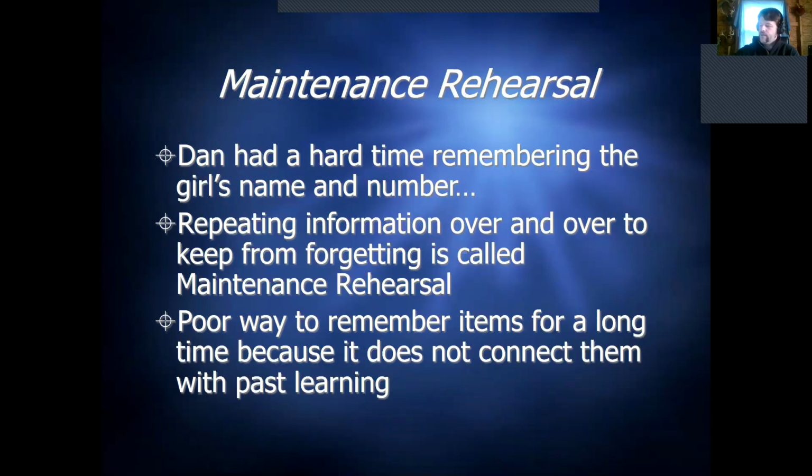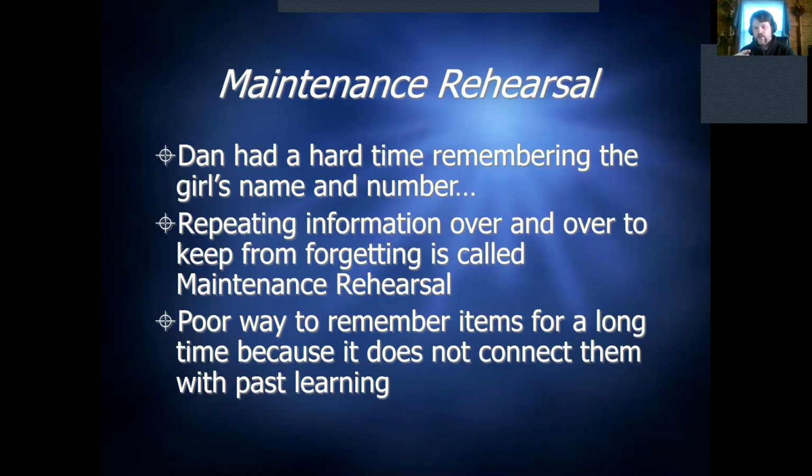One way is maintenance rehearsal. This has to deal with how you've encoded and then how you maintain that encoded information. If you repeat something over and over again to keep from forgetting, we call that maintenance rehearsal. You might do that memorizing Bible memory or any other tidbits of information.